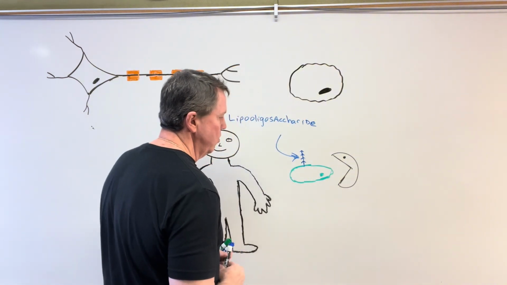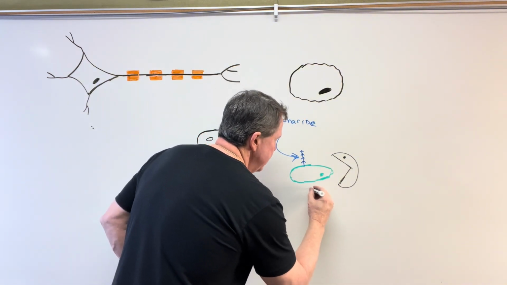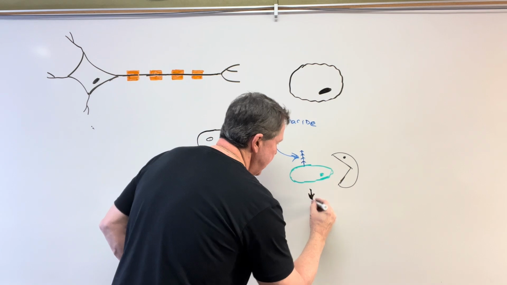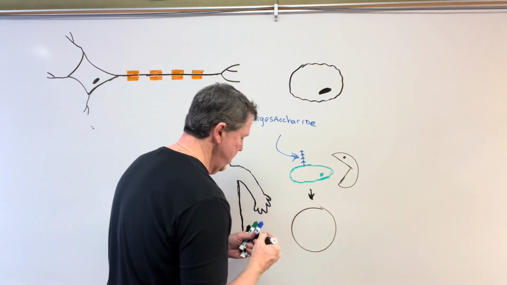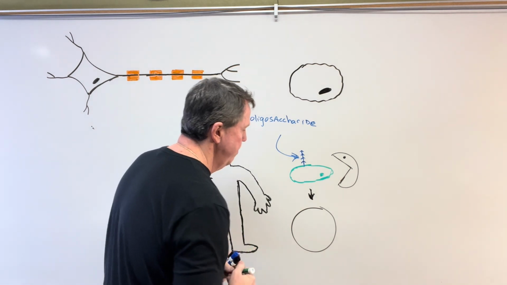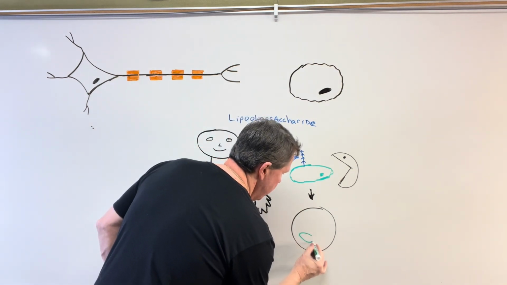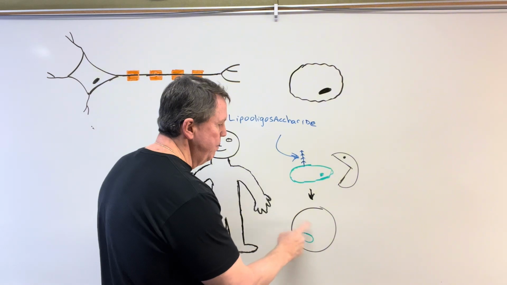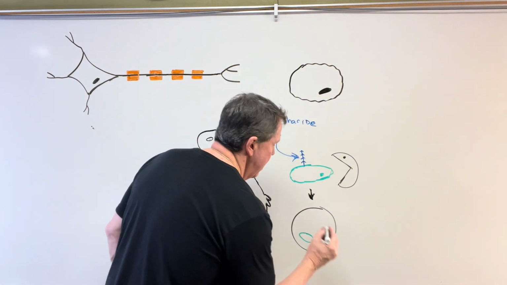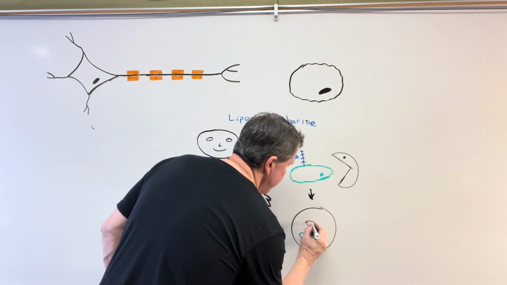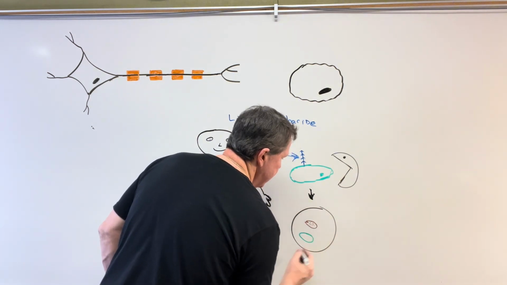So now this is going to be inside of the macrophage. Here's my macrophage with my Campylobacter jejuni in here, right? It would be inside a vesicle, I'm not going to draw that, but inside of the macrophage we're going to have a vesicle full of something called hydrolytic enzymes.